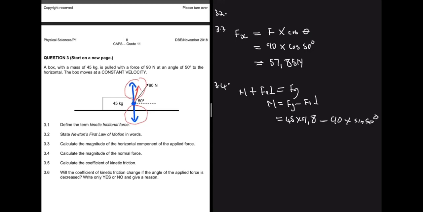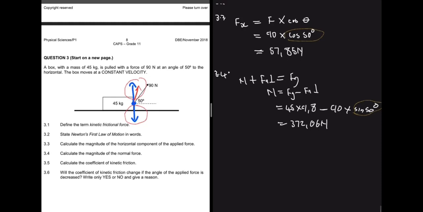Why are we saying sine of 50 degrees? Because if we want to calculate the x component, we use cos like we did here, but if we want the y component, we use sine. If you punch that in your calculator, it's going to give you 372.06 Newtons, and that will be your normal force.